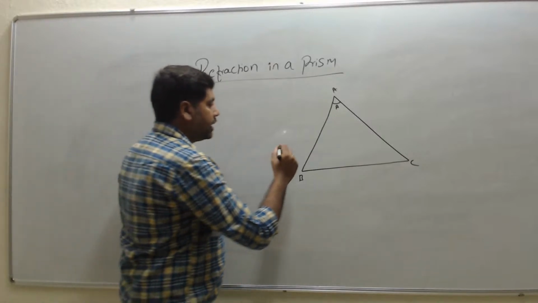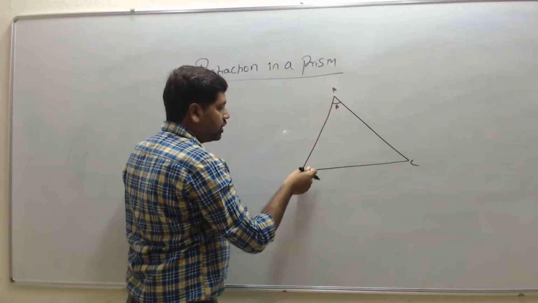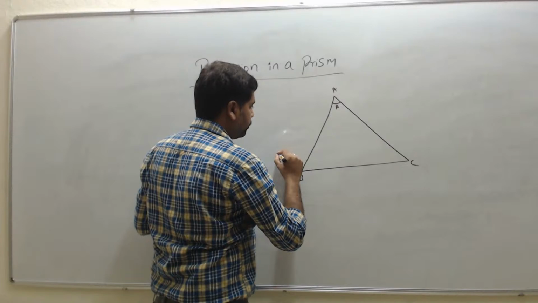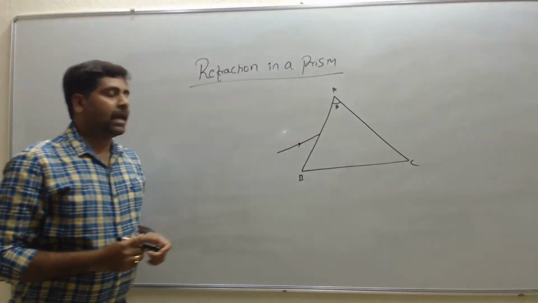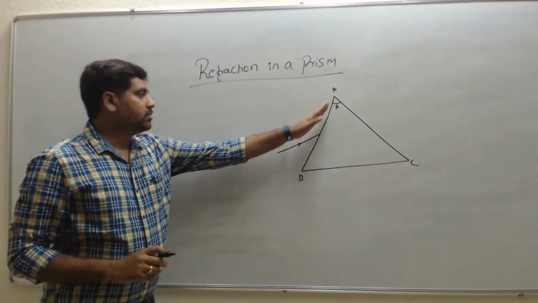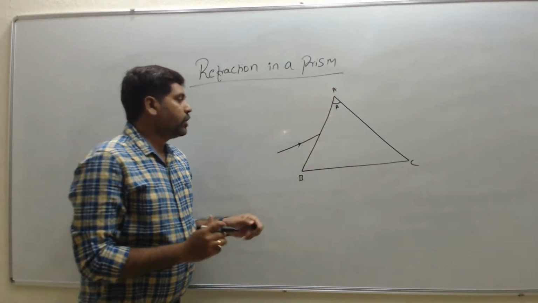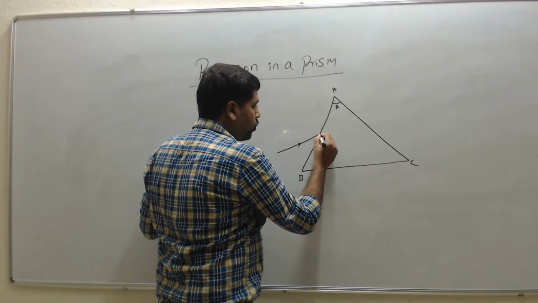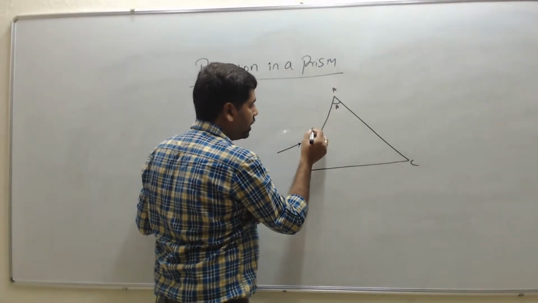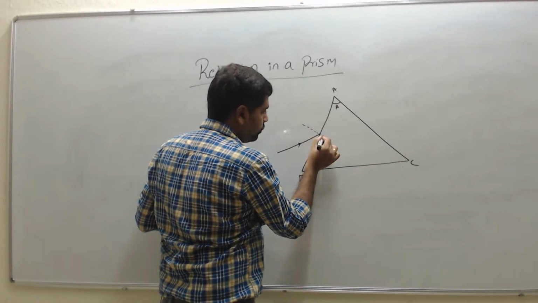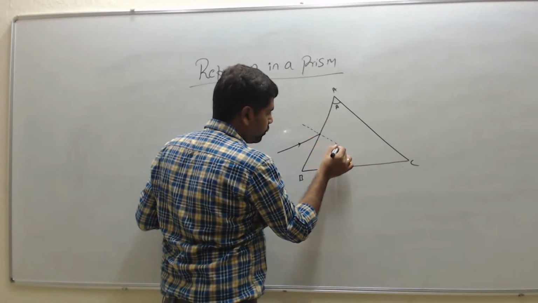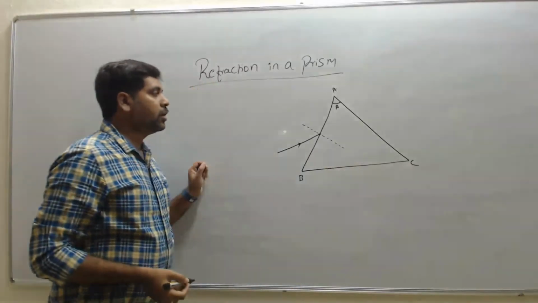When a ray of light is incident on the surface AB, so this is the incident light. If we draw the normal at the point of incidence to the surface AB, like this, so this becomes the normal.